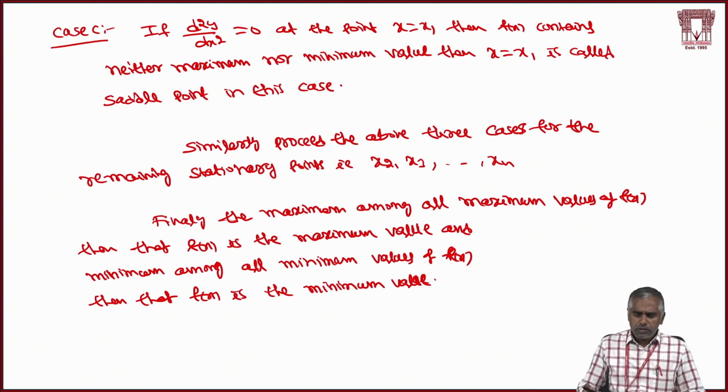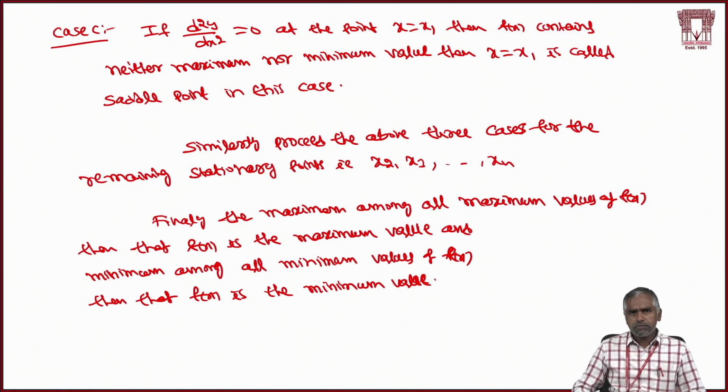Okay. So that means after testing all these three cases for the remaining stationary points x2, x3 and so on xn, at some stationary points f of x contains maximum values and at some stationary points f of x contains minimum value.